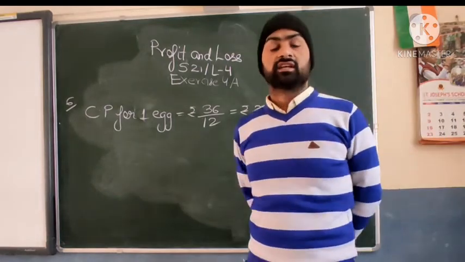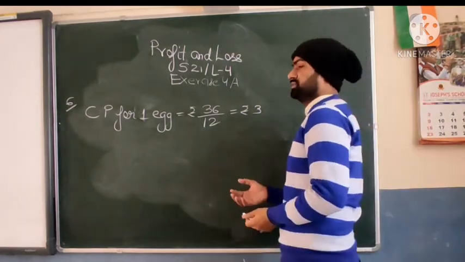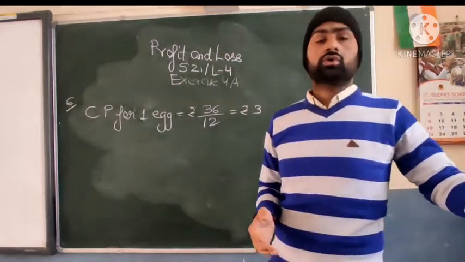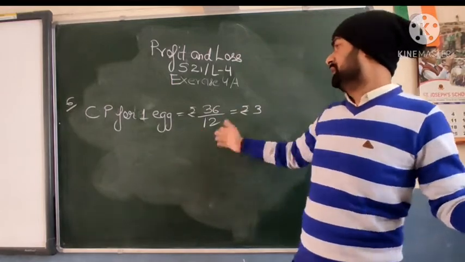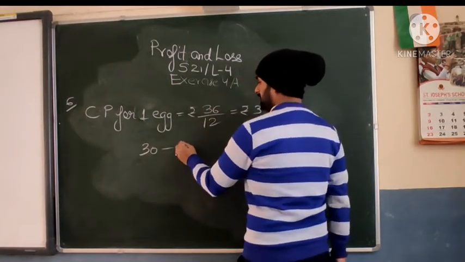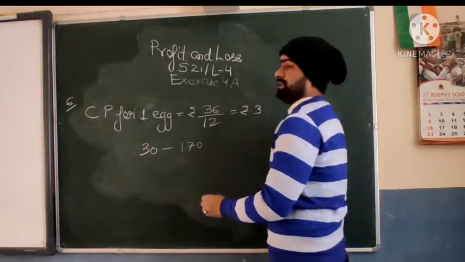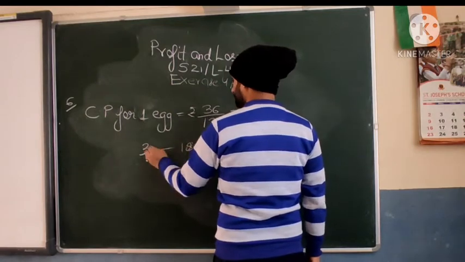Sometimes the eggs are given in a crate also. In a crate there are 30 eggs and it is 170 rupees, 170 to 180. So if you take it as 180, it will be how much?